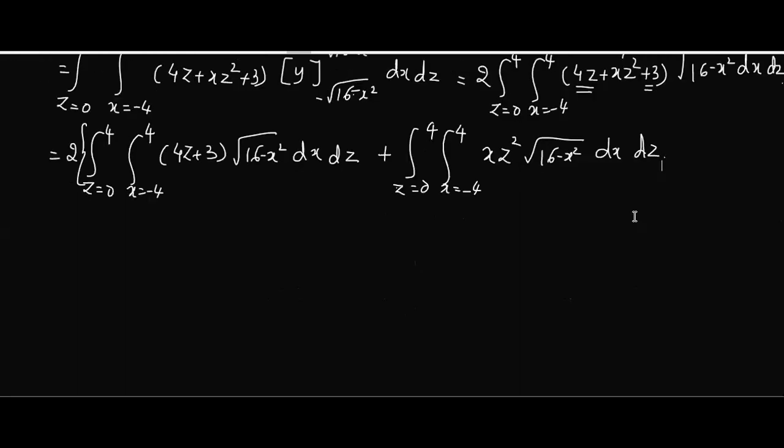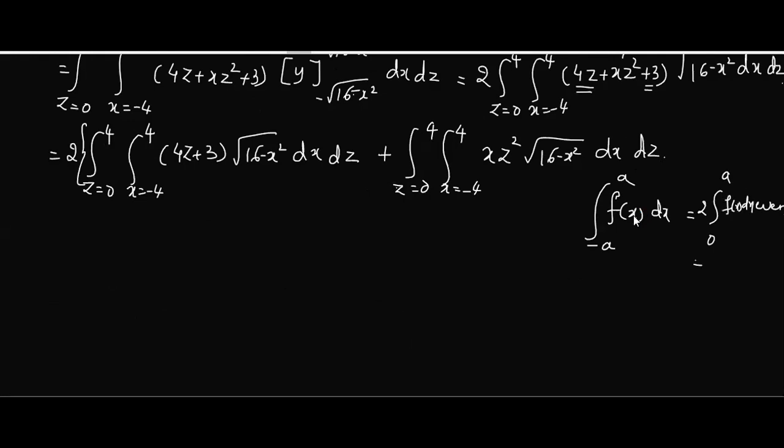Okay. Have you learned one concept? Suppose you have a function f of x which is even, and suppose you have the limits as minus a to plus a. What do you write as the value of the integral? 2 times 0 to a f of x dx we write.